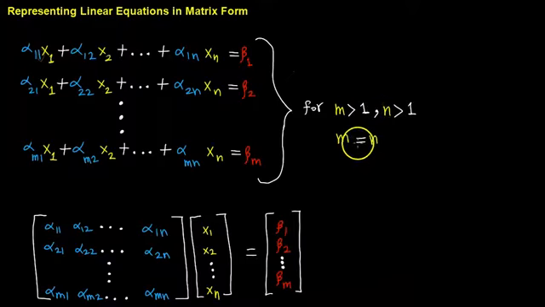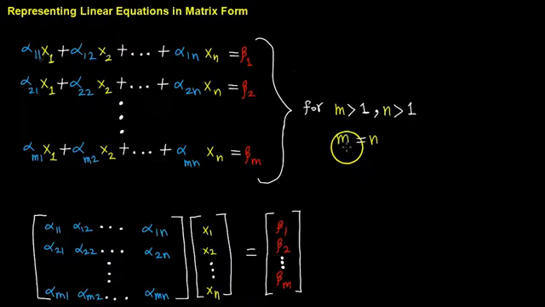So here I'm saying m is equal to n. So why is that? If you recall from a few minutes ago, we talked about if you have n linear equations that are independent of each other, so one equation is not a scaled version of the other, you would need n equations to solve for those n independent variables, basically.